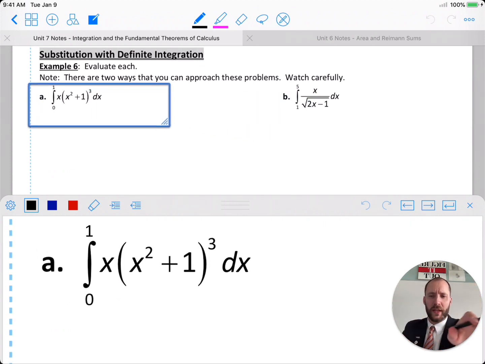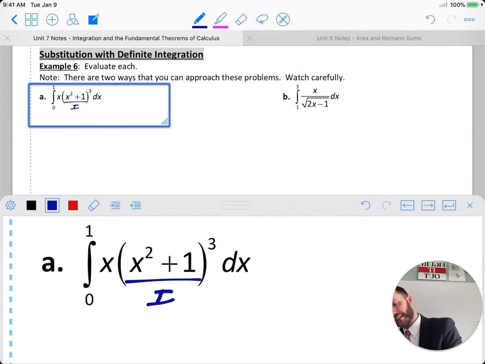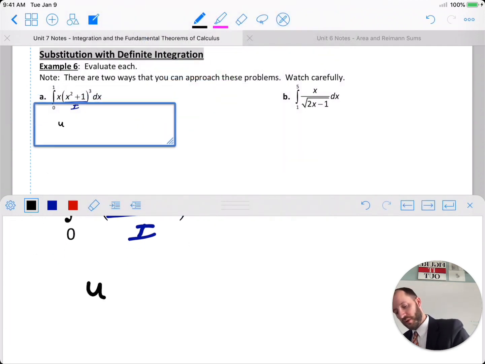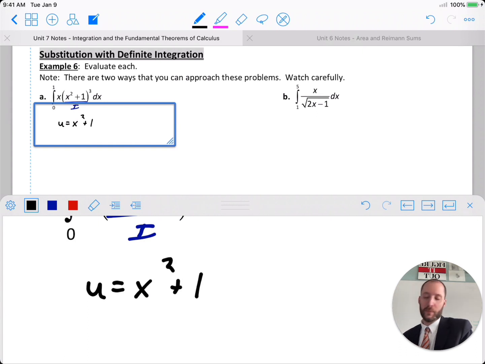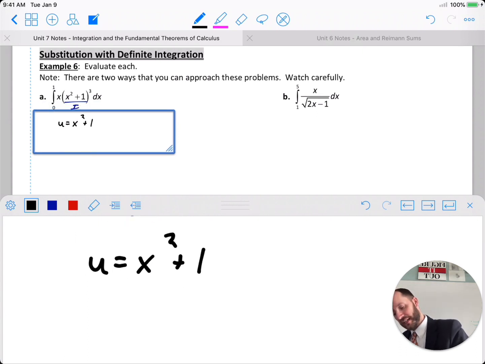So let's go about this like we always do. So x squared plus 1, derivative of that's 2x, x outside of the parentheses is some form of the derivative. So we have our inside. So u equals x squared plus 1, and then implicit derivative, solve for dx, like we've gotten used to.